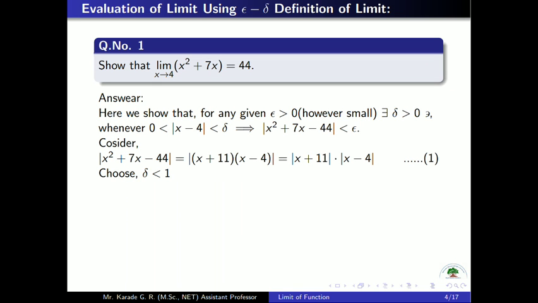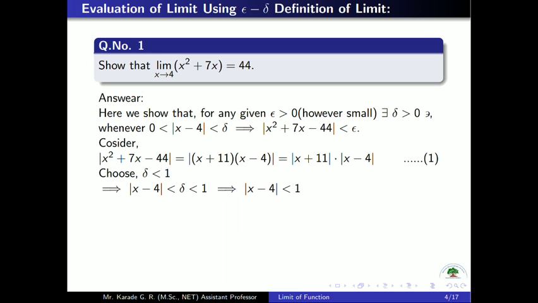Now let us choose delta to be less than 1, and this implies that mod of x minus 4 is less than delta, which is less than 1, because delta is chosen to be less than 1.